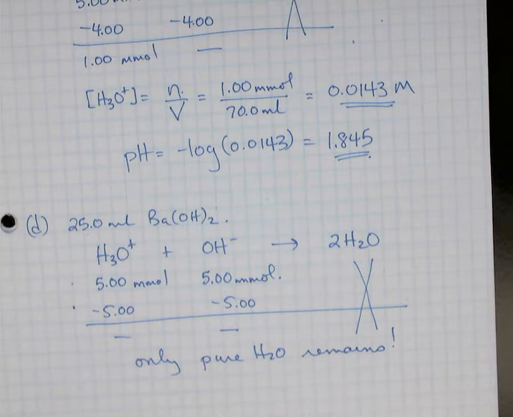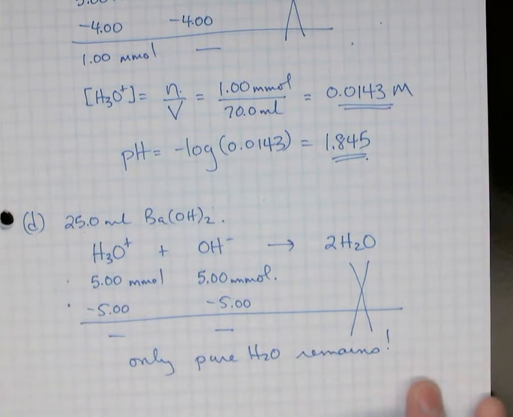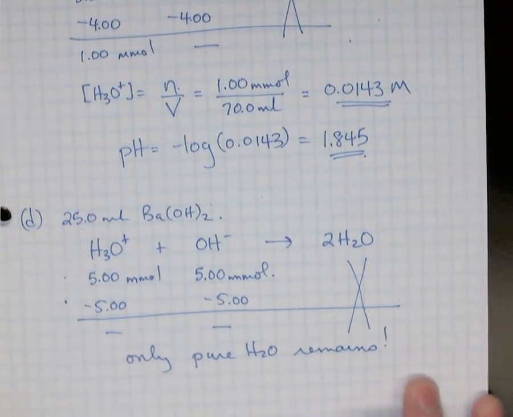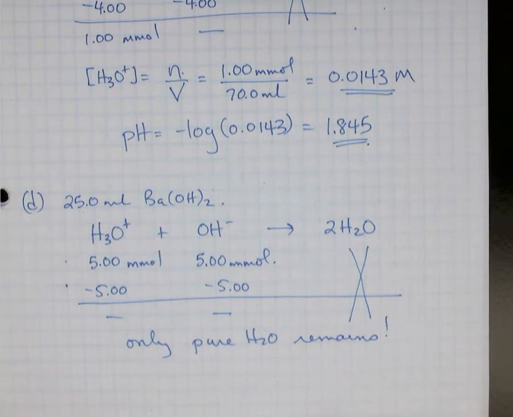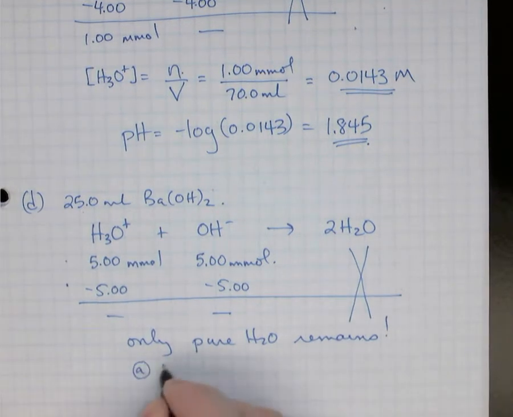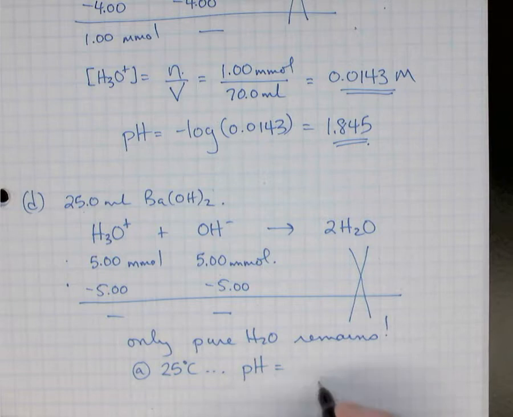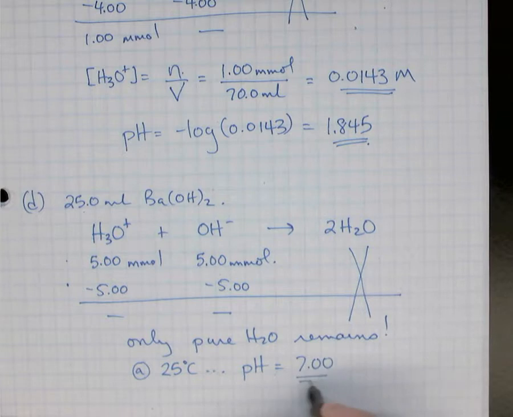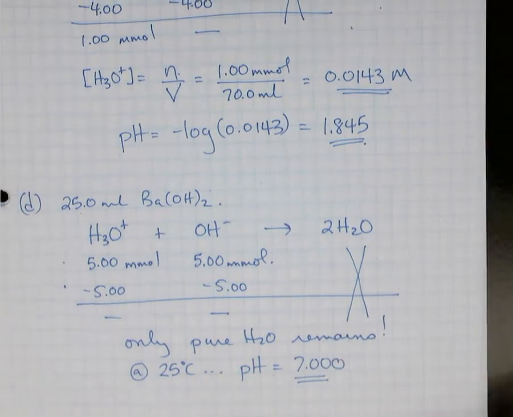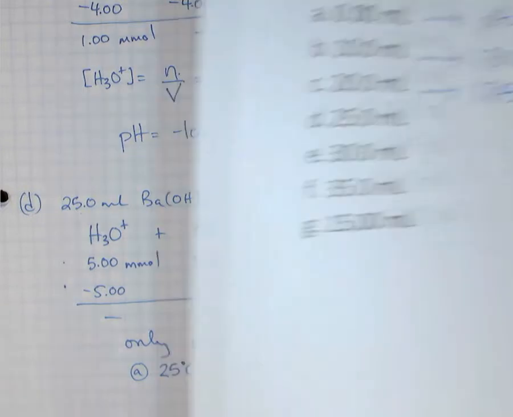There's no excess hydronium, there's no excess hydroxide, there's just pure water. If we assume the temperature is 25 degrees Celsius, the pH, and we could show this by calculation using the Kw, but we'll just do it as a fact, the pH of pure water at 25 degrees Celsius is 7. Okay, so there is our pH value at the equivalence point.